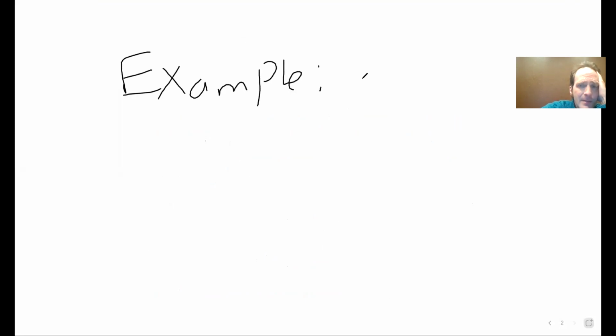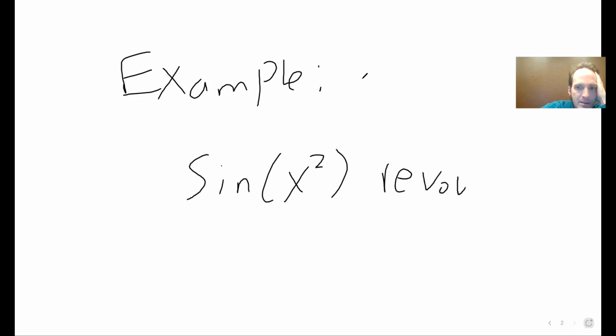Unfortunately, there are situations where I cannot actually do this. So in particular, let me just give you an example, and this is a motivating example for what's next here. I want to take sine of x squared, and I want to revolve it about the y-axis.